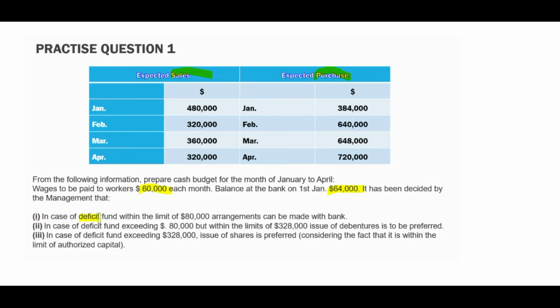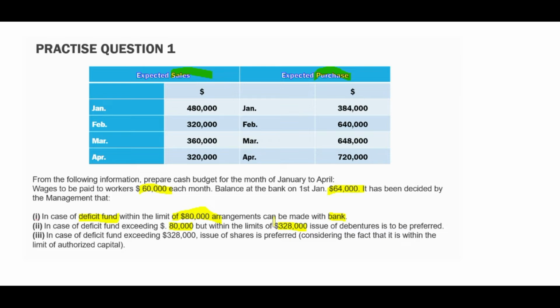If we have a deficit up to 80,000, we will use the bank arrangement. If we have a deficit within 80,000 to 328,000, we will use the debentures. And if it is more than 328,000, we will issue shares in order to increase our fund.